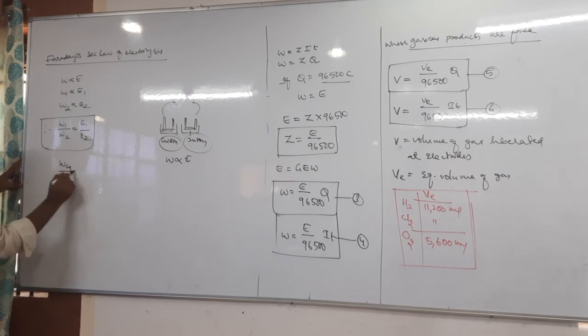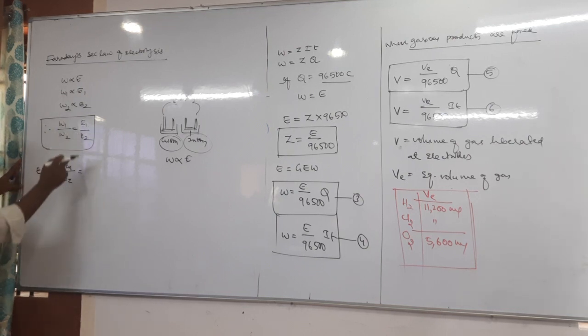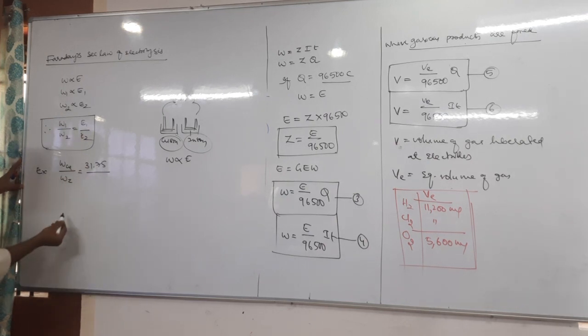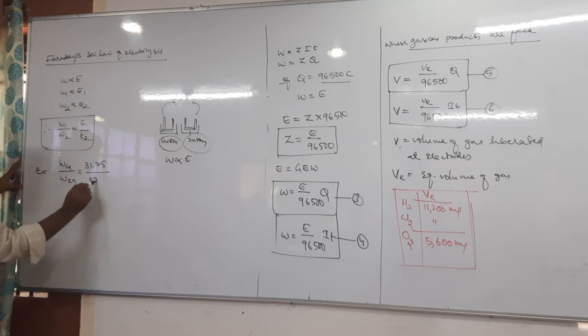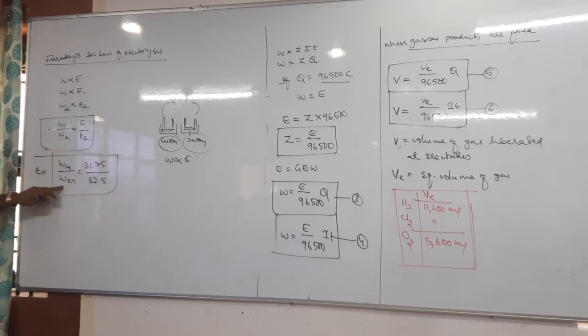W copper by W zinc equals the equivalent mass of copper, 63, no, 31.75, and zinc is 32.5. Therefore W copper by W zinc equals 31.75 by 32.5. This is according to Faraday's second law. That means W is directly proportional to E.